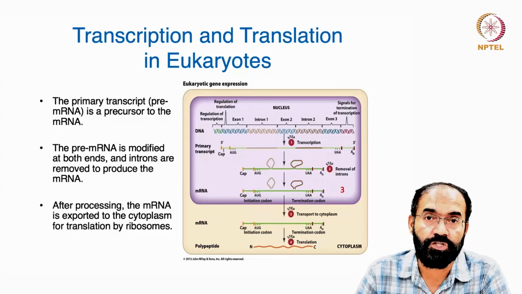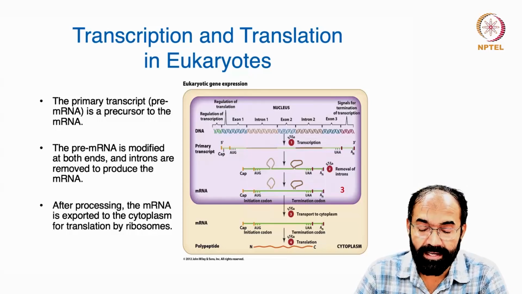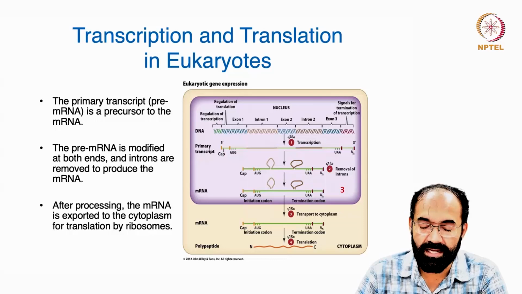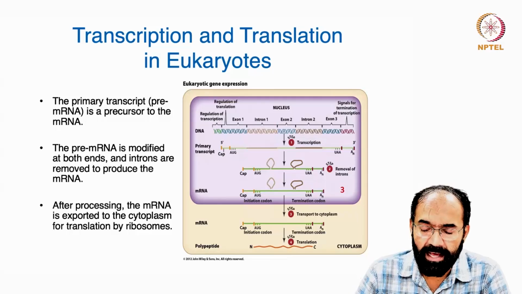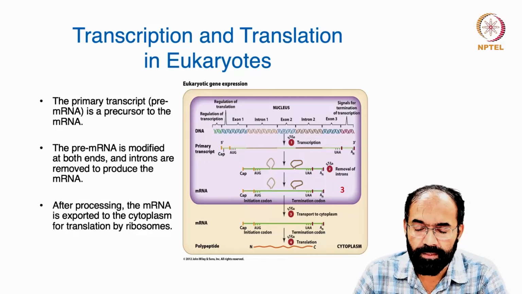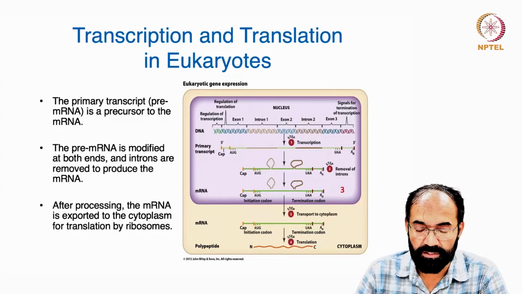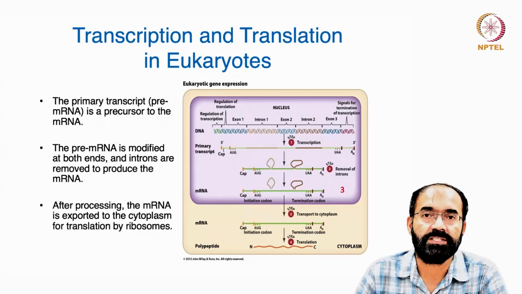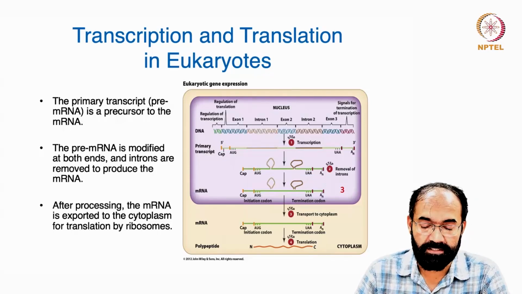Now it has to be matured. It has to undergo a process, and this process is called RNA splicing. The RNA splicing allows the joining of the exons and removal of the introns. And once the pre-mRNA is spliced, what happens? The 5' end and the 3' end have to undergo some maturation process: 5' capping, 3' polyadenylation, etc. Once all this process happens successfully, then it will be exported to the cytoplasm.